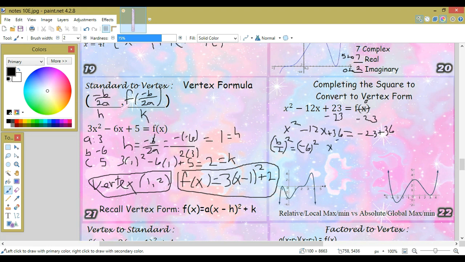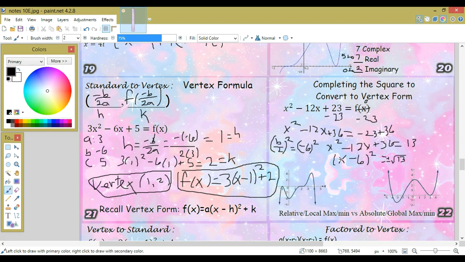So x squared minus 12x plus 36 equals 13. We will factor. If we factor, we get x minus 6 squared equals 13.